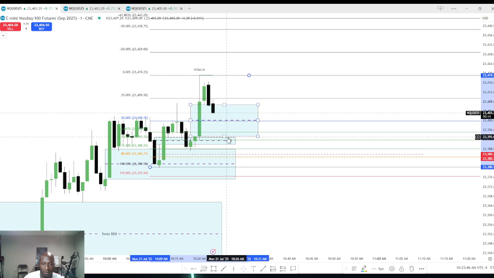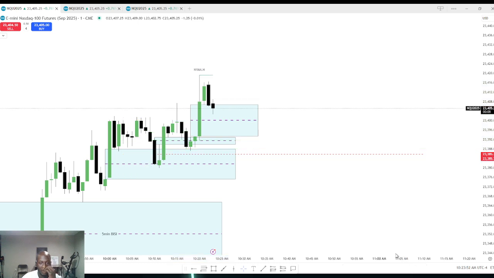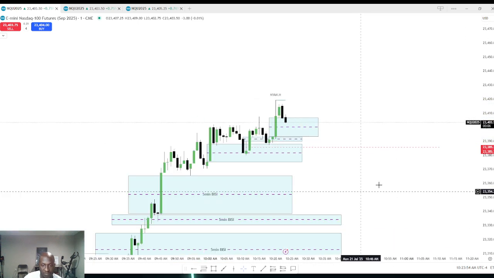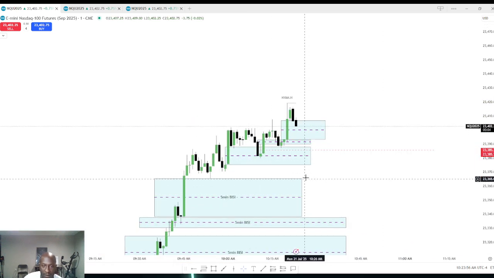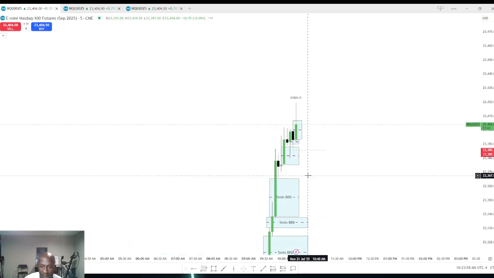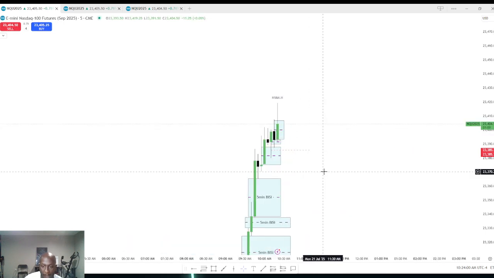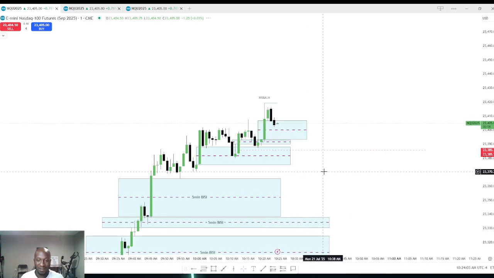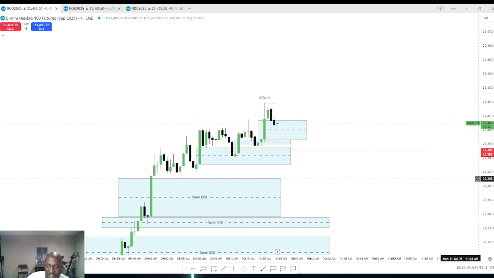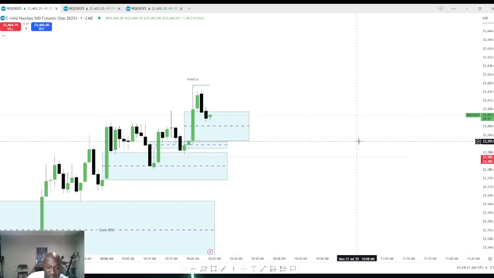So anything down below here. Yeah, I'm still favoring a short, minimum down into the new week opening gap. That's what I would like to see.